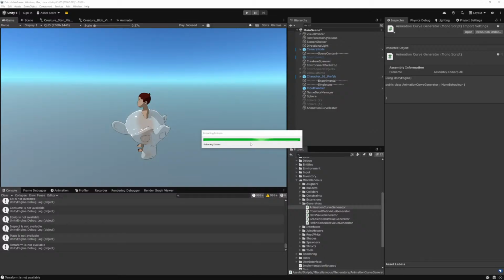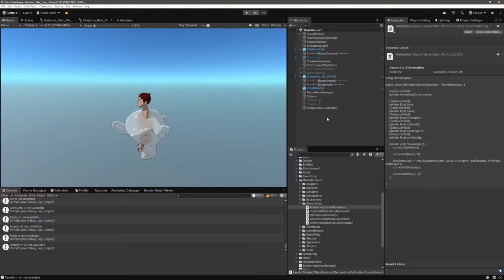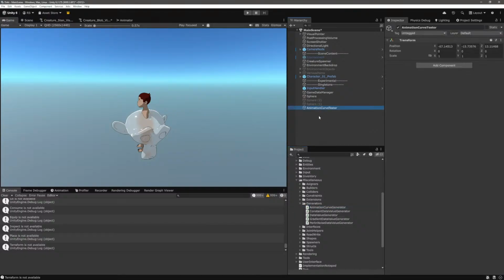Let's see what we get. Animation curve tester, animation curve generator.